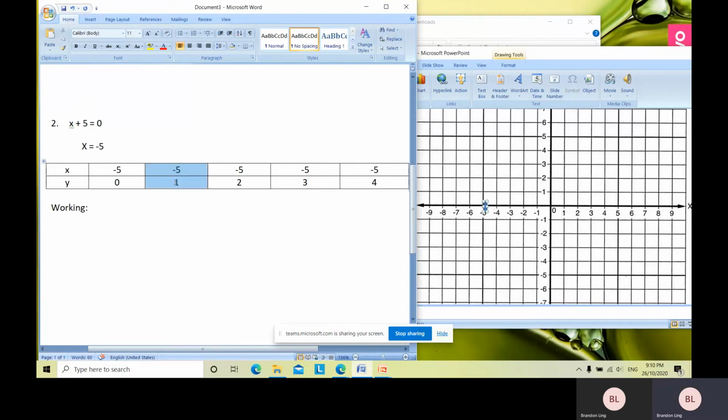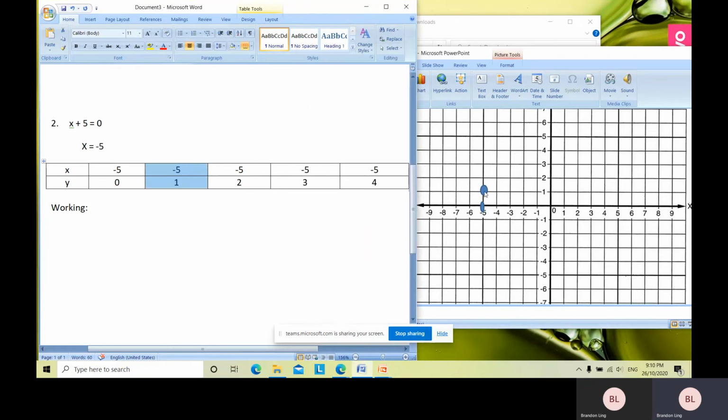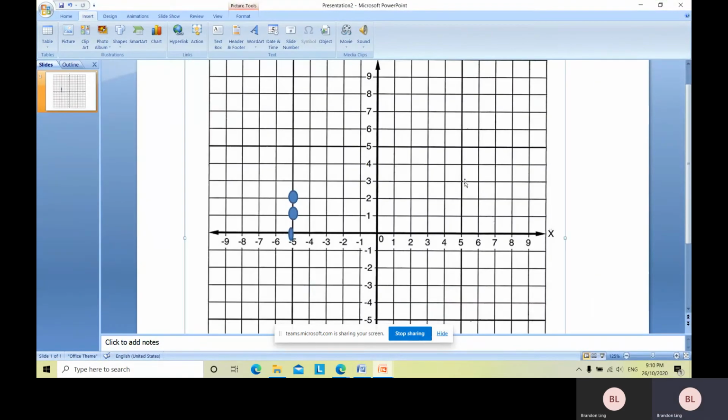Next, we move on to the second coordinate, negative 5 and 1. It's here. Negative 5, 2. As you can see from this equation, all these dots fall on this line here.